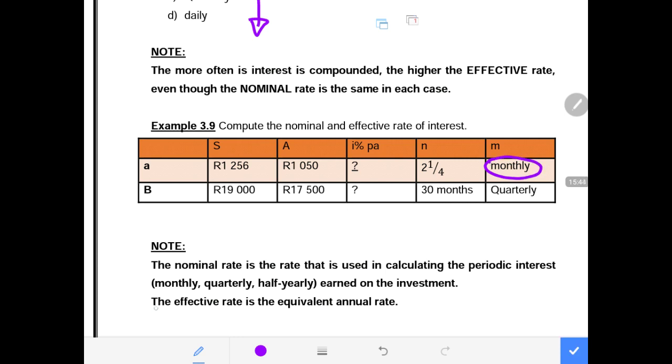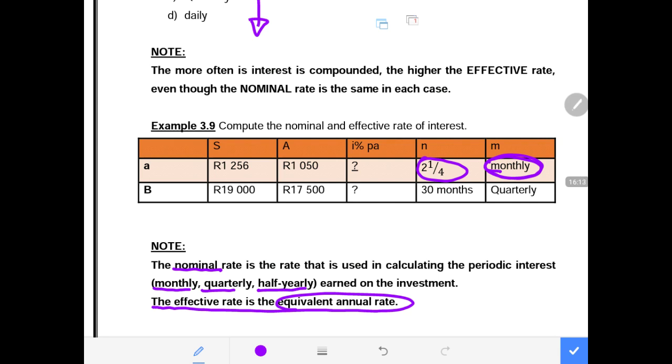Why? Because the effective rate of interest is an annual equivalent, meaning I need to take my n as in years. My n must be in years, not based on the number of compounds. The reason why previously I multiplied by 12 is because we were calculating our nominal rate, and our nominal is monthly, quarterly, half yearly, or daily compound.